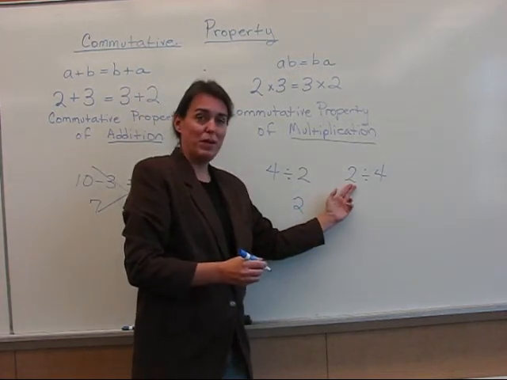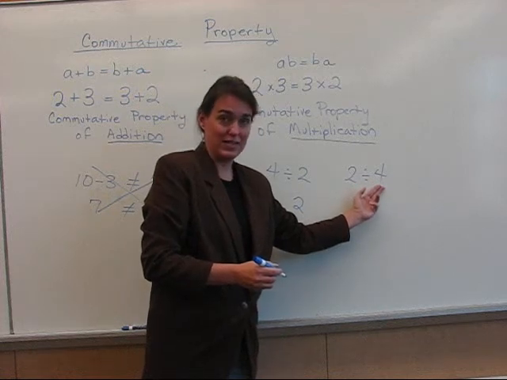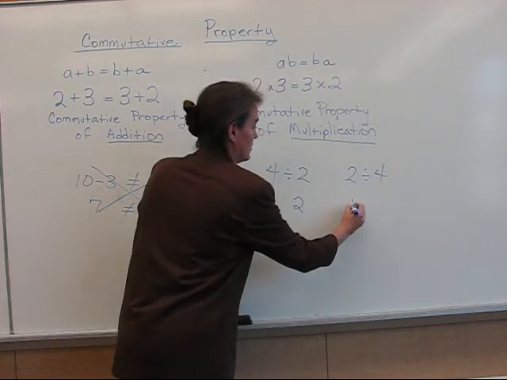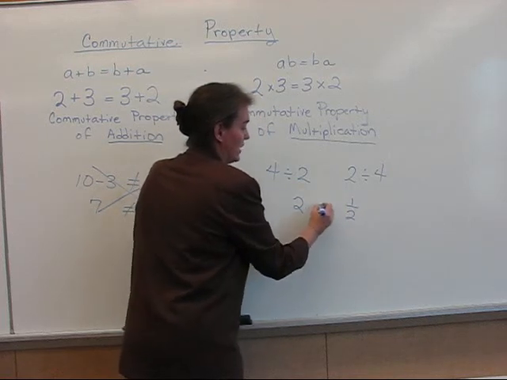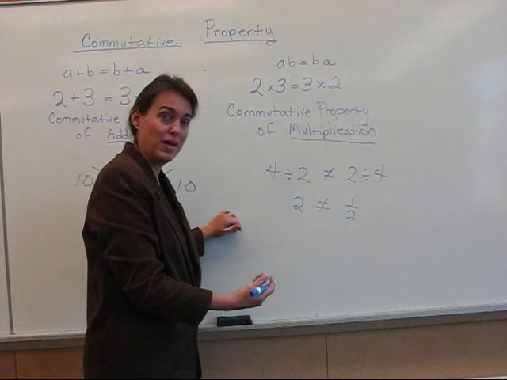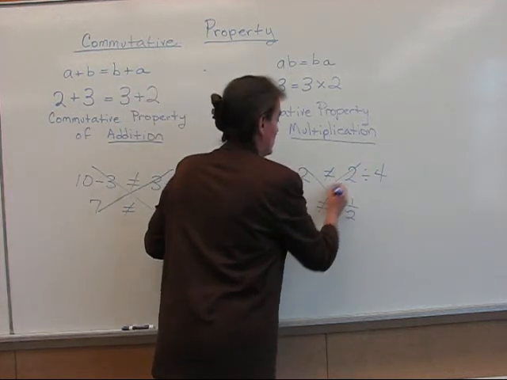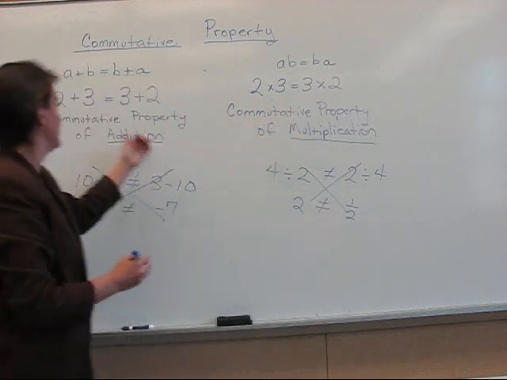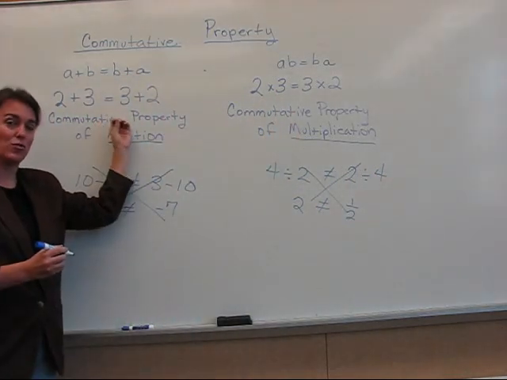If you take 2 pizzas home and there are 4 people there to eat them, then each person gets 1/2 of a pizza. These two things are not equal. Therefore, we do not have a commutative property of division. Commutation, or switching of order, works in multiplication and it works in addition for real numbers.